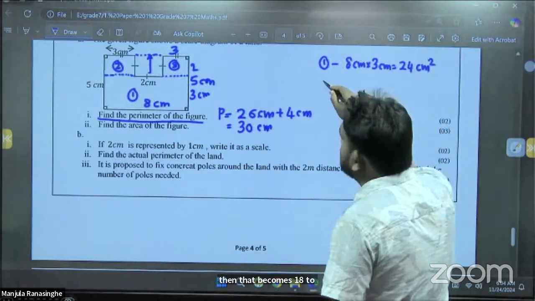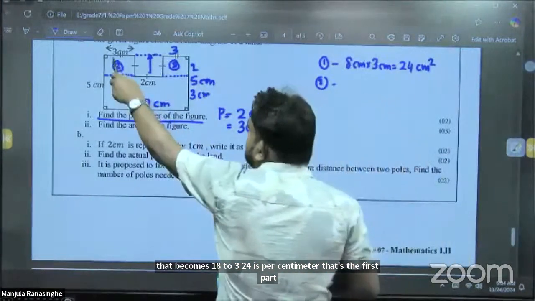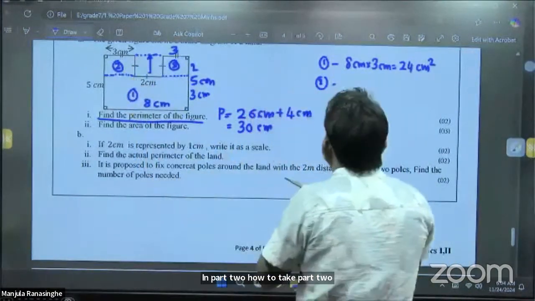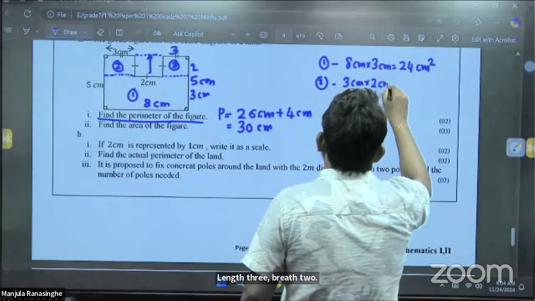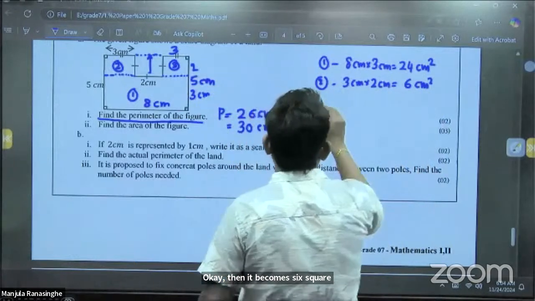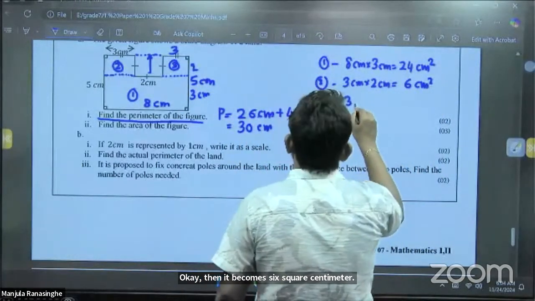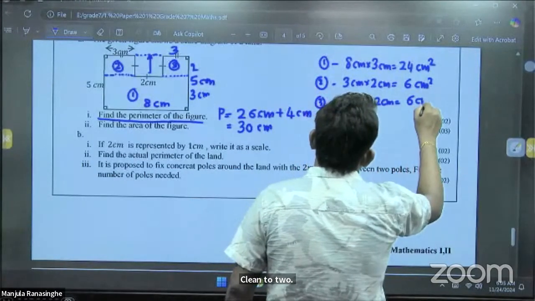That's the first part. In part 2, length 3, breadth 2, then 3 into 2, it becomes 6 square centimeters. Then part 3 also 3 into 2, so that also gives 6 square centimeters.